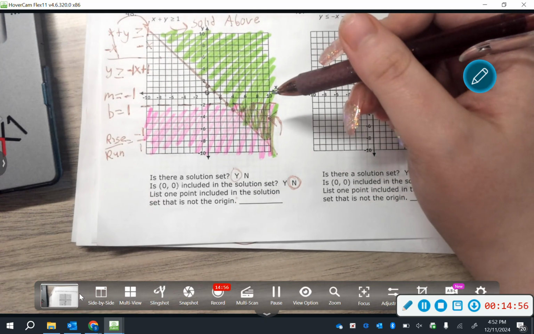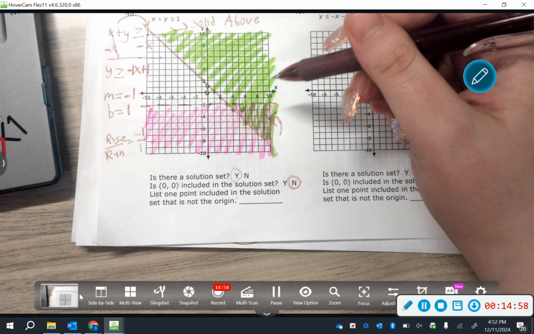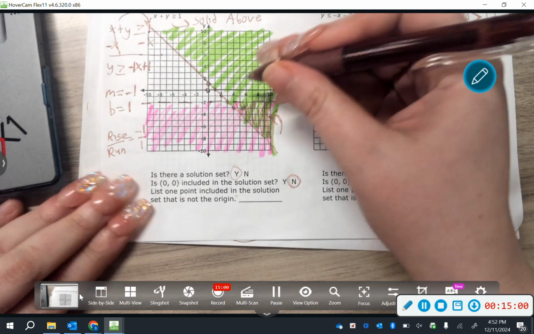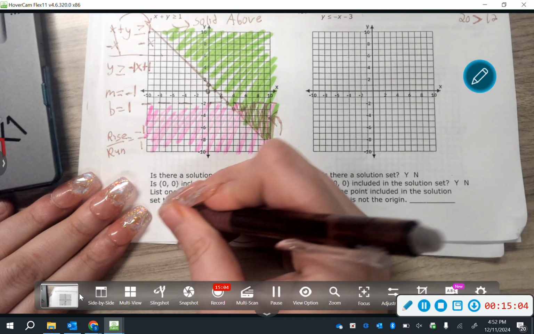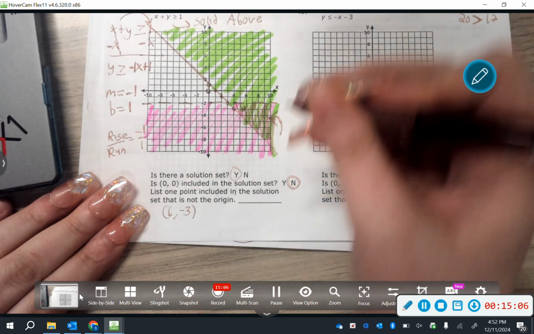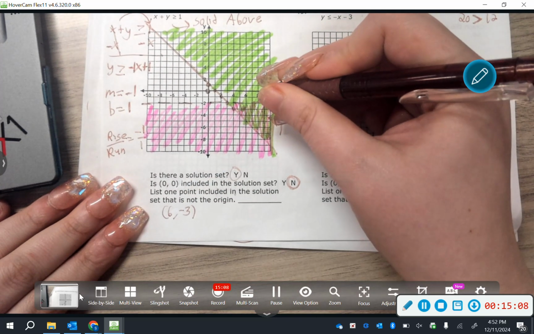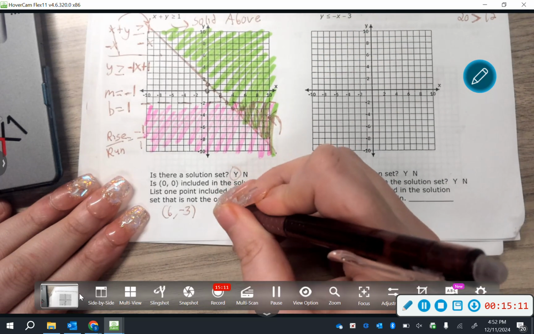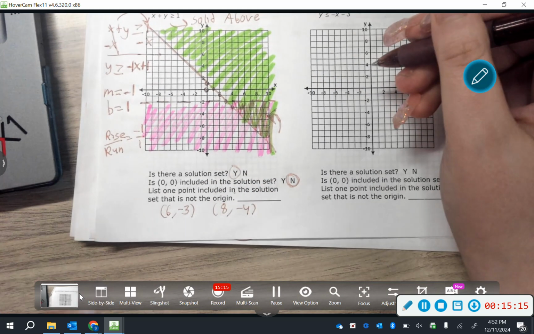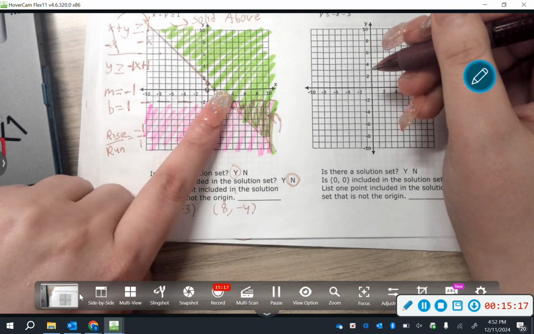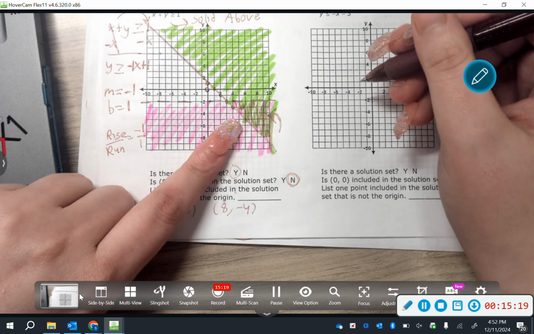So list one point that's included in the solution set that is not the origin. You can give me a bunch of different points, as long as they're in the double shaded area. For example, 6, -3 would work. For example, 4, -8, it doesn't really matter as long as it is something that's in the double shaded area. And remember, you cannot touch a dashed line, but you can touch a solid line.